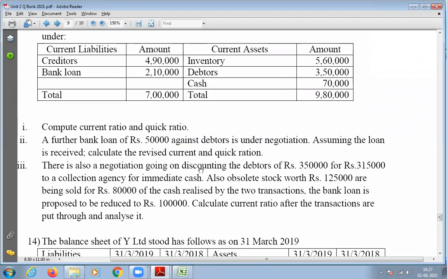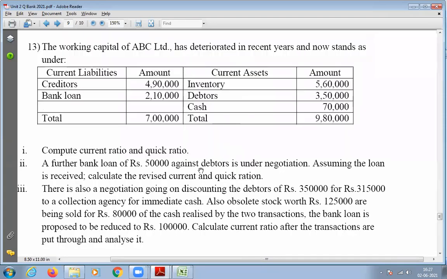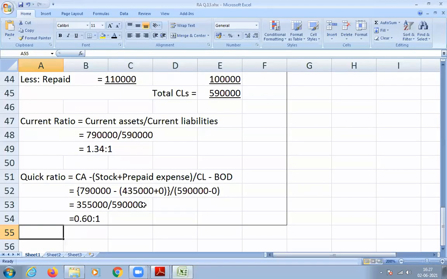Any doubt in question number 13? We have done. Did you understand? Sir, can you go back to the Excel one? Yeah, one minute. Who is talking? Kiran, what was the doubt?